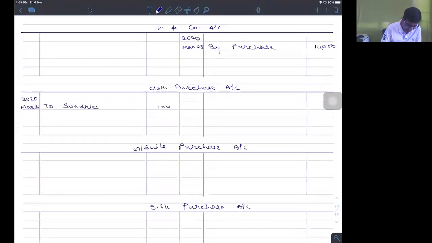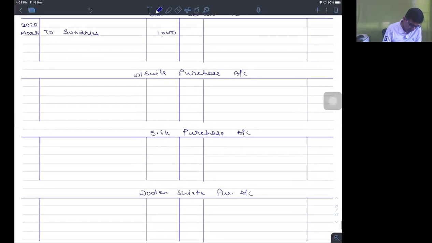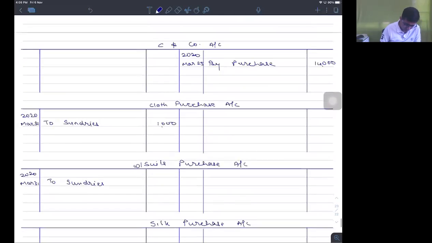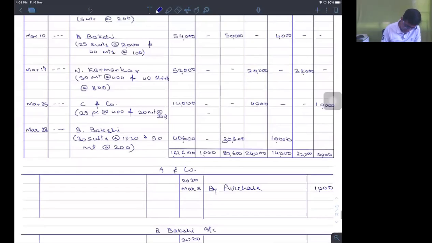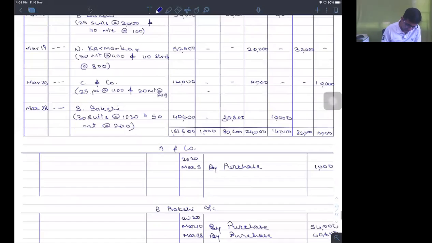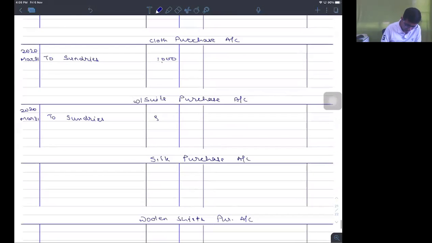How many Sundries? 1,000. Villain suits purchase account, debit side, 2020, March 31st, to Sundries. The total of the respective column. What's the total of villain suits column? 80,600. Correct or not?